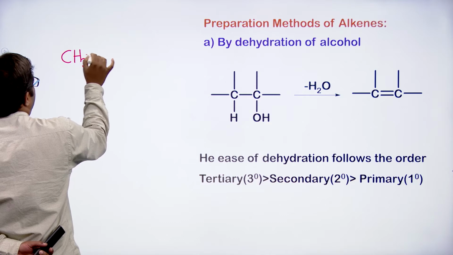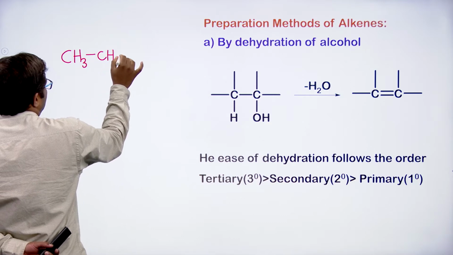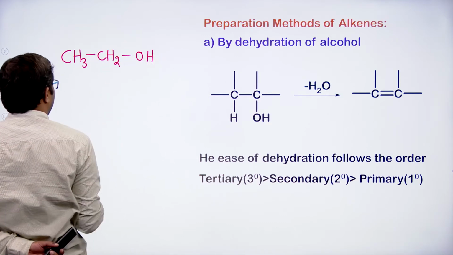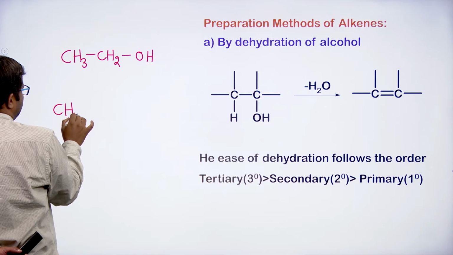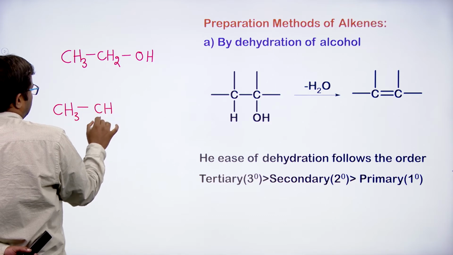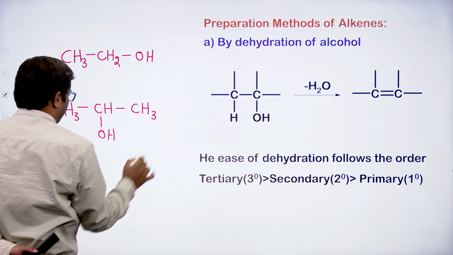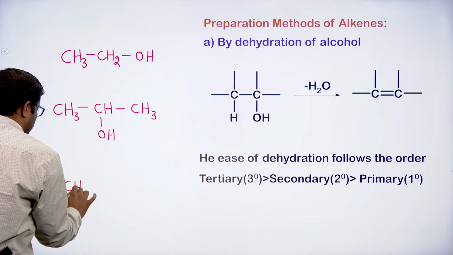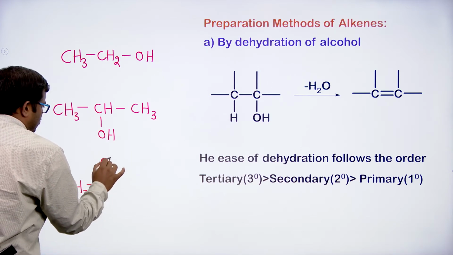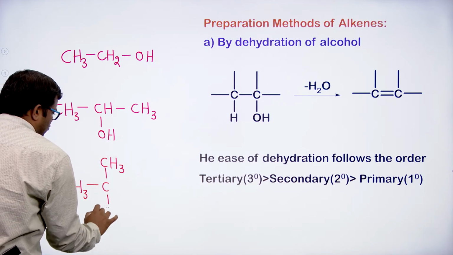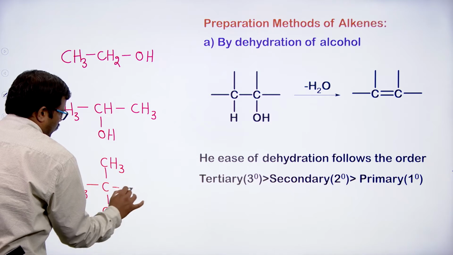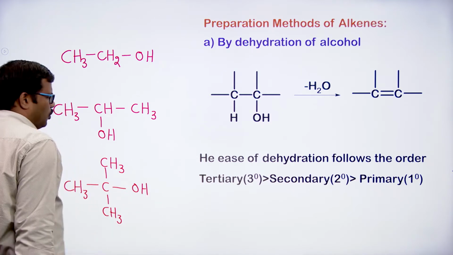So if we write CH3CH2OH, okay, CH3CHOHCH3, and CH3OH. This is one more alcohol.